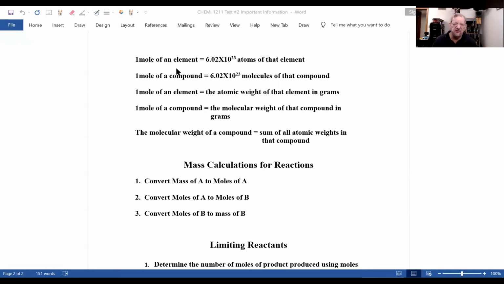This is given to you, but you should know how to use it using your good friend, your good buddy, unit analysis. 1 mole of an element equals Avogadro's number of atoms of that element. 1 mole of a compound equals Avogadro's number of molecules of that compound. 1 mole of an element equals the atomic weight of that element, and 1 mole of a compound equals the molecular weight of that compound in grams. Remember, the molecular weight is the sum of all atomic weights.